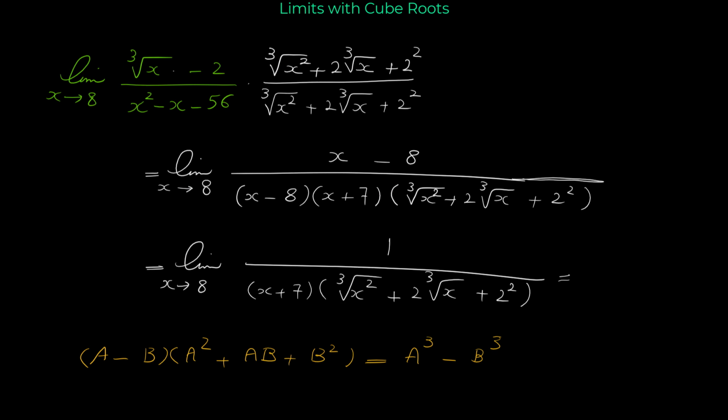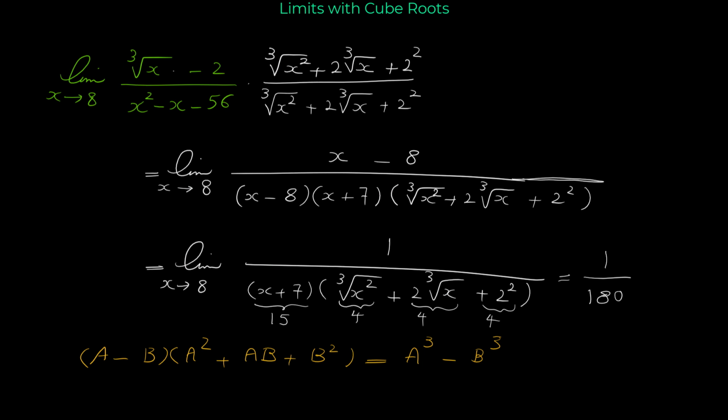If you plug in 8 in the next radical, cube root of 8 is 2. 2 times 2 is also 4. So basically we have one 4 here, another 4, and one more 4 here, and this was 15. 4 plus 4 plus 4 is 12. 12 times 15 is 180. So this limit equals 1 over 180.